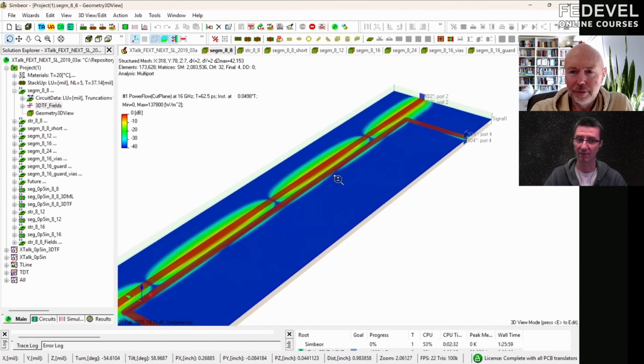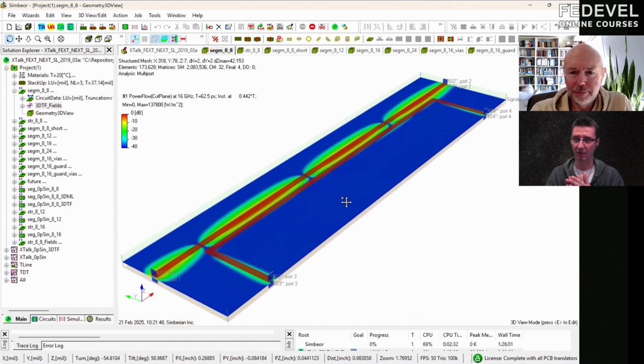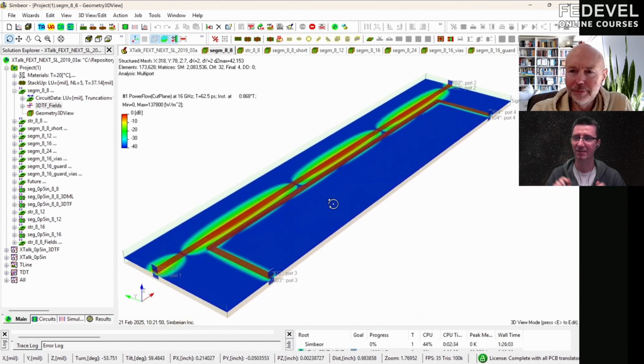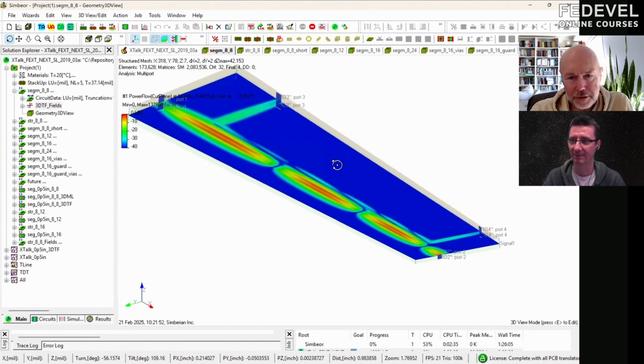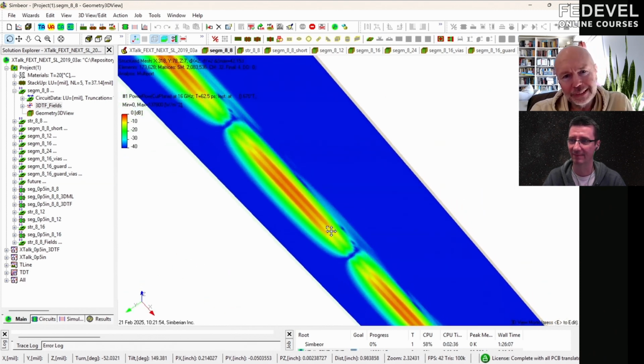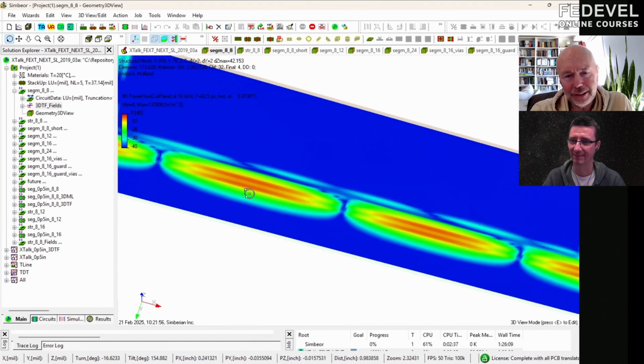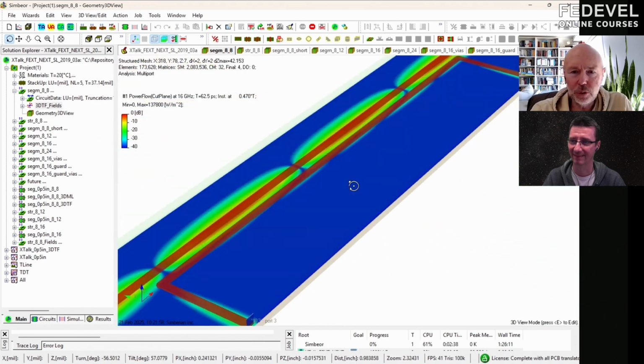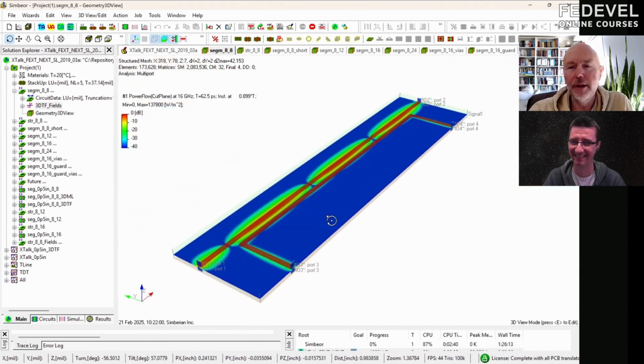That's what I mentioned before, that the crosstalk travels in both directions. And it's difficult to trace exactly how. Well, it's a superposition of waves. I always look at this as a superposition of waves in this segment, and then we see the result in the form of far-end crosstalk.